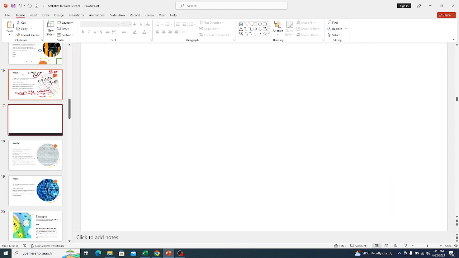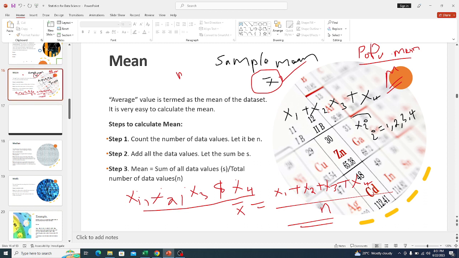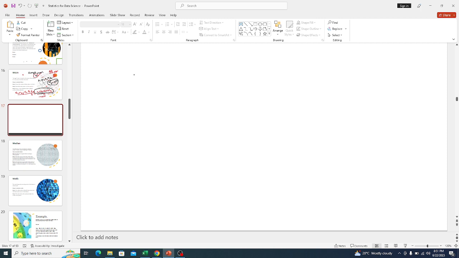So in this case, we can also describe this addition as x1 plus x2 plus up to xn, and our n here is 4.